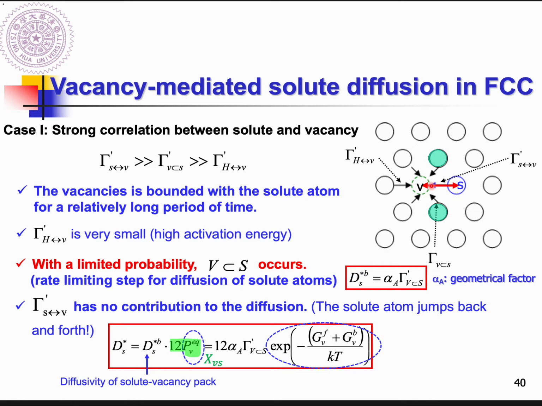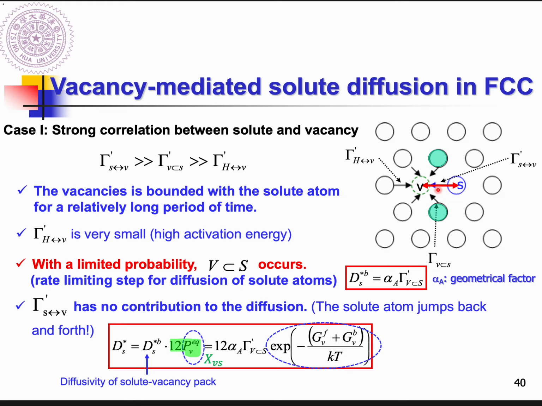As long as it shows up, the host atom neighboring the solute can very fast exchange with or jump into this vacancy to allow this diffusion to happen, or drive this diffusion. So we need to times 12. Okay? The reason for that is because they exchange location very fast.